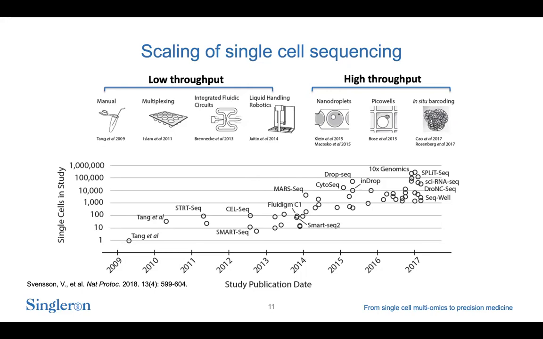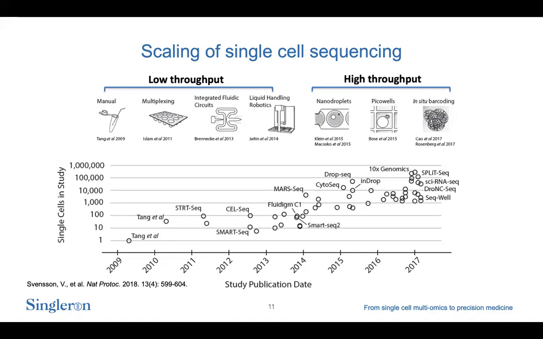So now when we are talking about single cell sequencing, we actually don't talk about one single cell being sequenced. In a single experiment, we can process thousands and thousands of individual cells. Currently with Singleron's technology, you can process up to 30,000 cells in a single experiment.